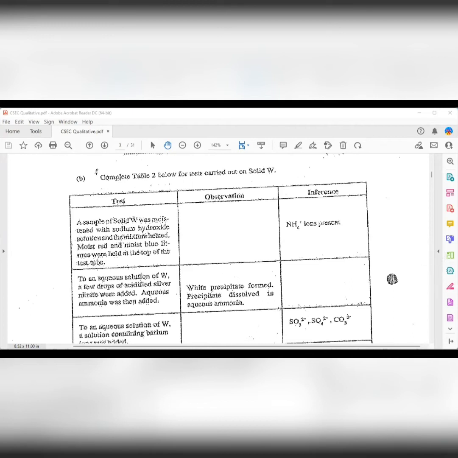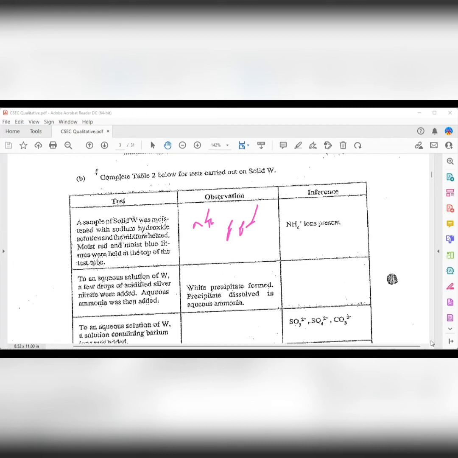Okay, here we go. So you get no precipitate for that. So that's what you would have right there. No PPT. Okay, it says to an aqueous solution of doublet, a few drops of acidified silver nitrate is added.